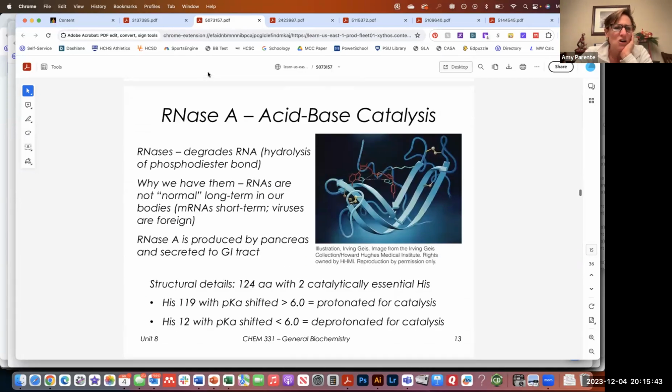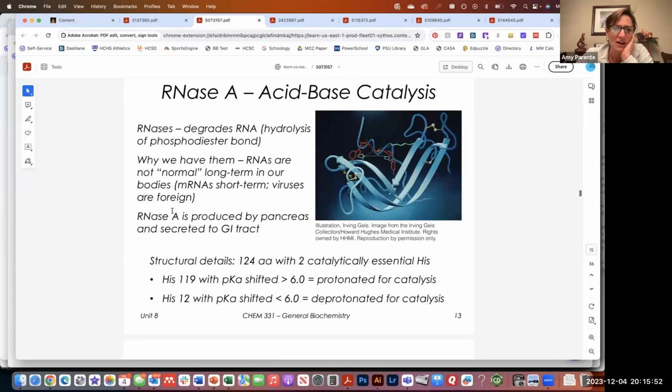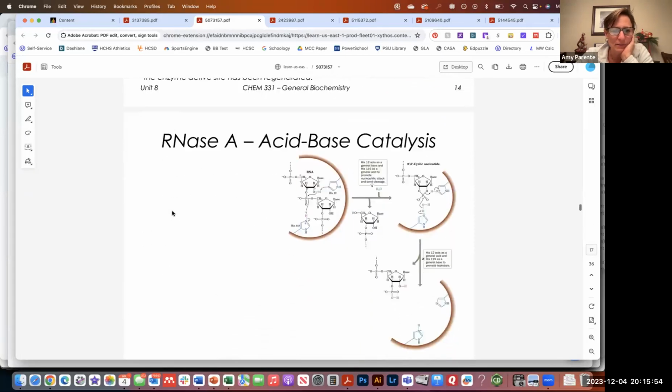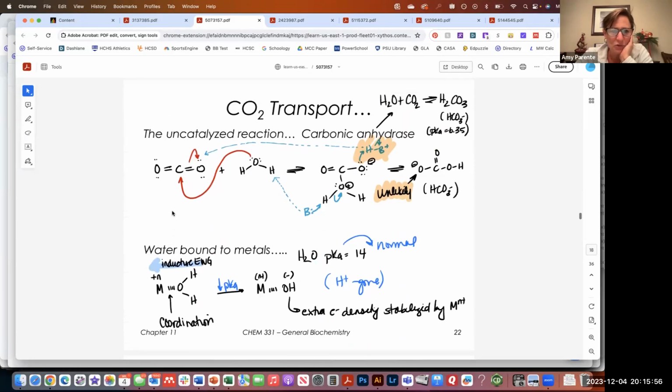So again, there was a homework question that said, where do we find these, or why do you have them? So I do want you to know where you have RNase A in your body and why you have it, or these other enzymes. Again, I'm just flipping through here, making sure that there's nothing that I haven't touched on.